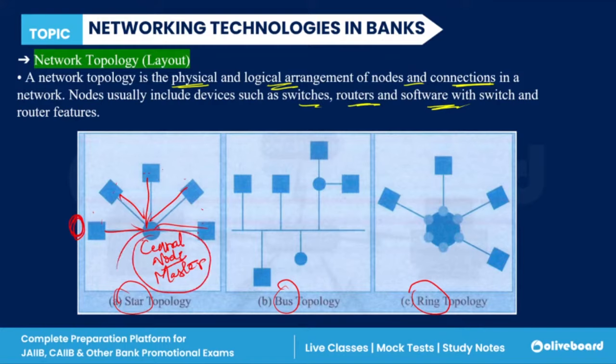Now, next, the bus topology. In a bus topology, all the devices are connected with a single continuous network, or a single continuous cable. A transmission from any workstation travels the entire cable in both directions and is received by all the workstations.